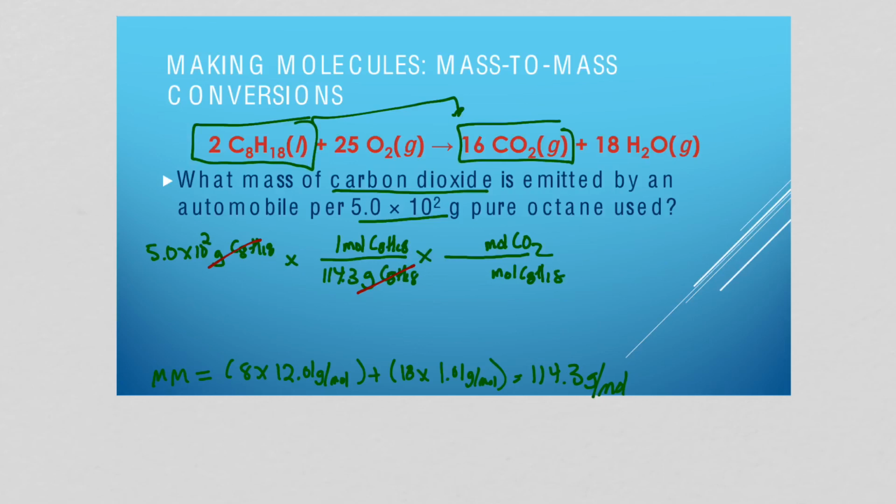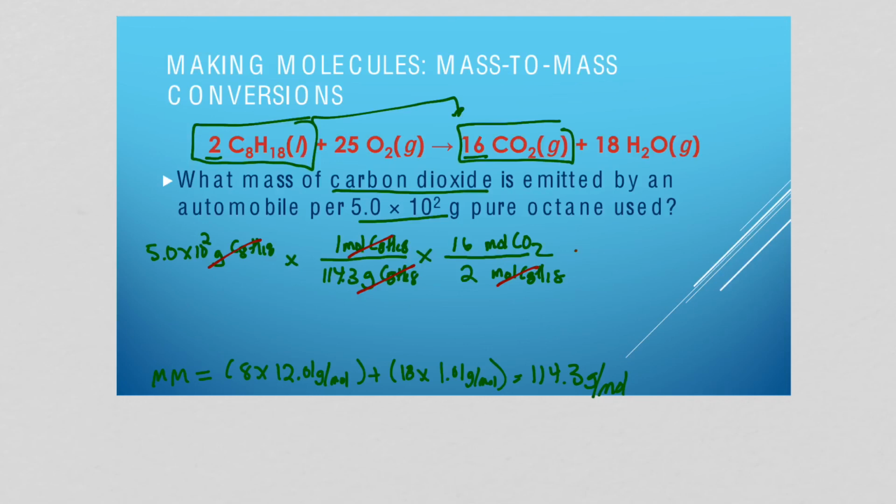And so I just pull the numbers, and again, these are always going to be my coefficients. So 16 CO2 for every 2 octane. So directly from the coefficients 16 and 2, I get my relationships. So this cancels out my moles of octane. So now I know, if I were to solve it now, I would know how many moles of CO2 that I could make. But of course, I want to know this in terms of mass.